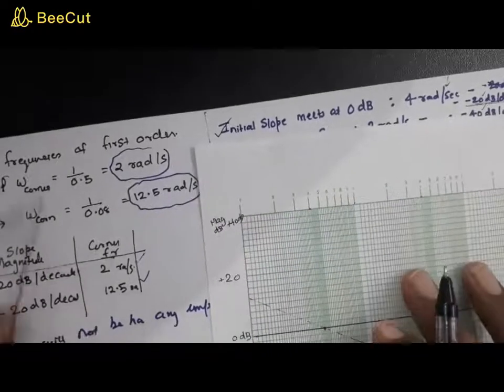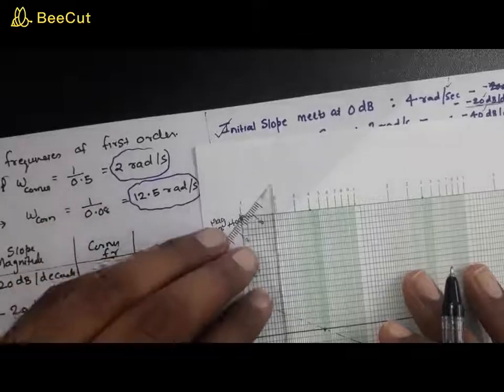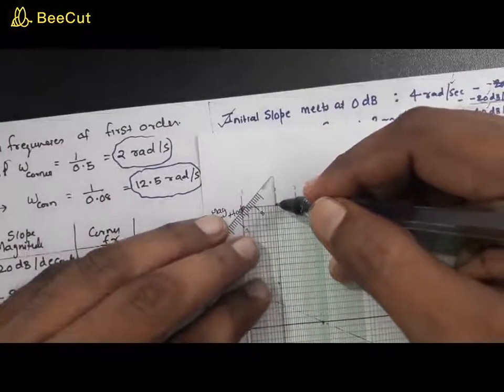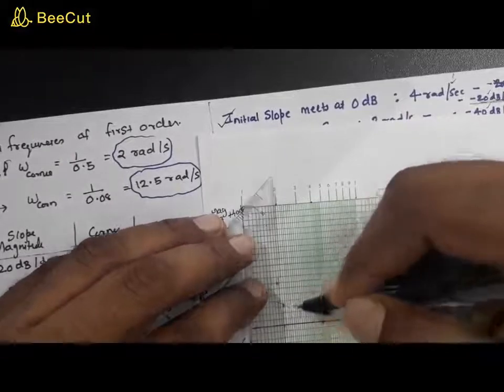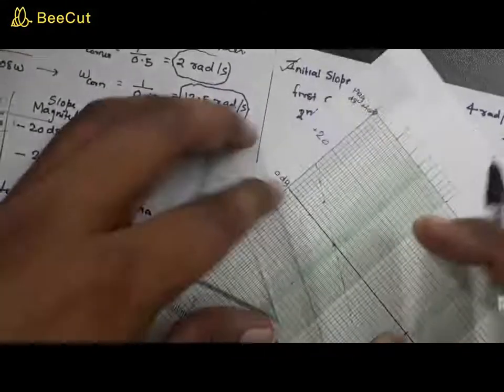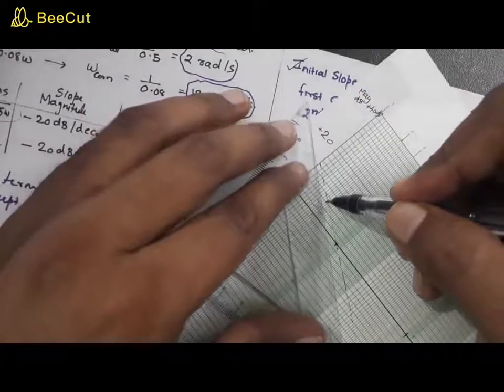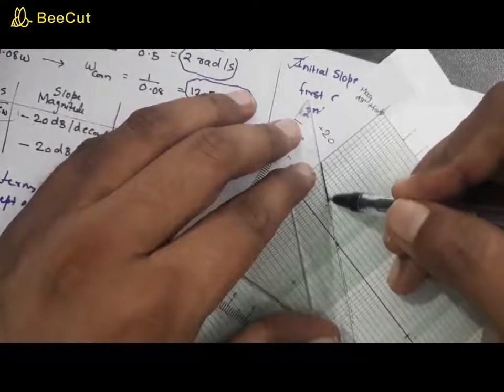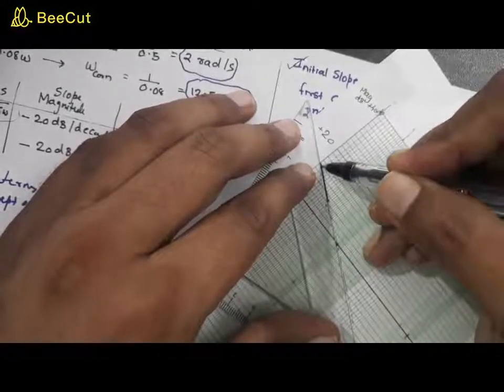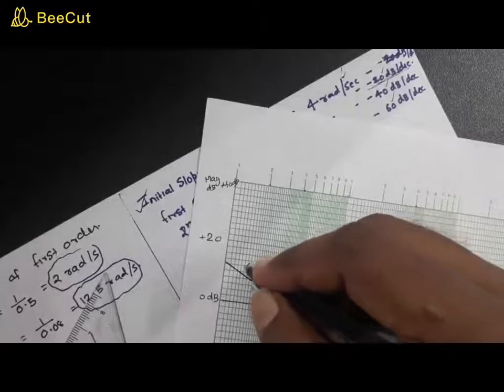So 2 radians per second is a point coming over here, right? You can mark it and, till this point, draw a thick line. The thick line shows the part of the Bode plot required.